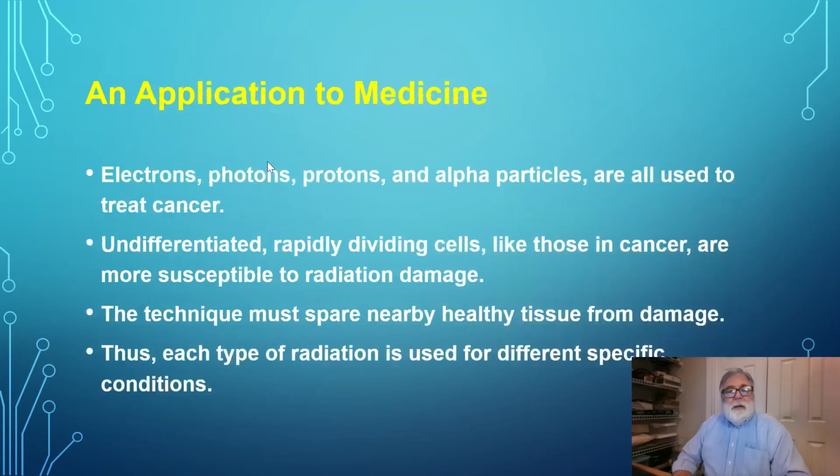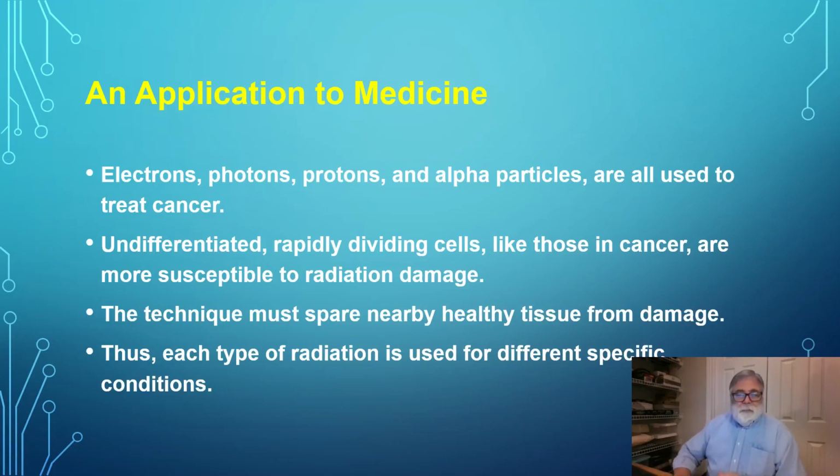Okay. Now I'm going to talk about an application of this all to medicine. Electrons, photons, protons, and alpha particles are all used to treat cancer. Now I'm going to jump ahead to next week's lecture and mention that cells that are undifferentiated, that are rapidly dividing, like those in cancer, are more susceptible to radiation damage. We'll talk more about this next time.